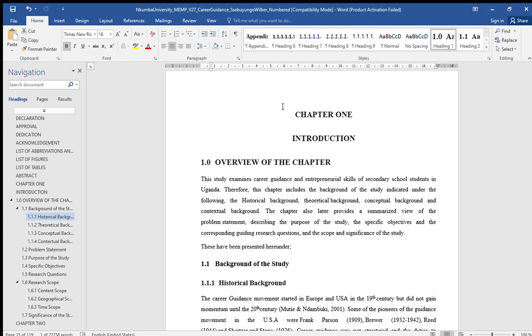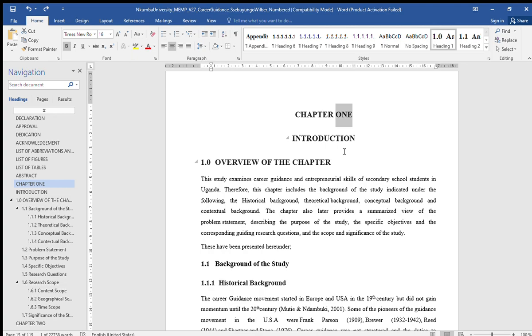The chapter 1 should have complete words. Don't put it like this and put one, that one is not allowed. You need to write chapter 1 in words. Then that chapter 1, its name is called introduction.